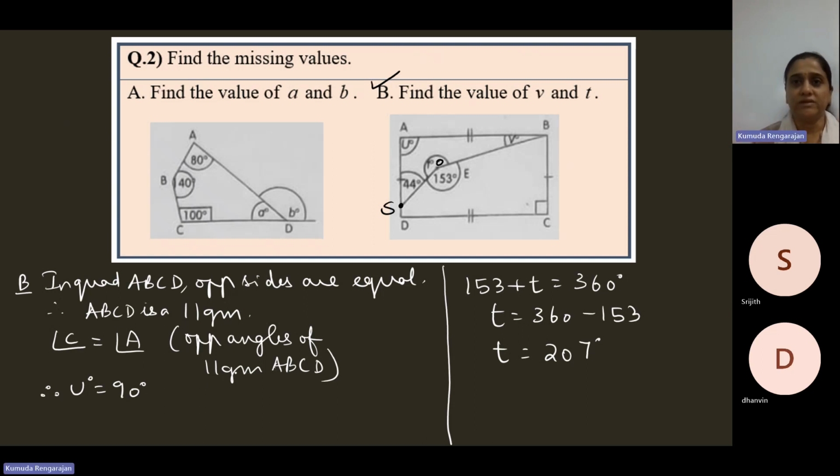Now we'll have to find V. Okay. Now is ASOB a quadrilateral? Yes. ASOB. 90 plus... is equal to 360.